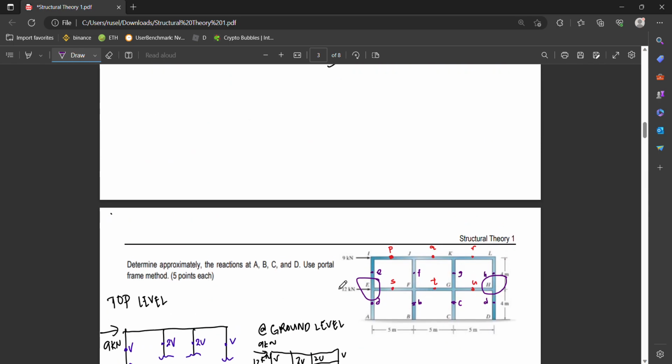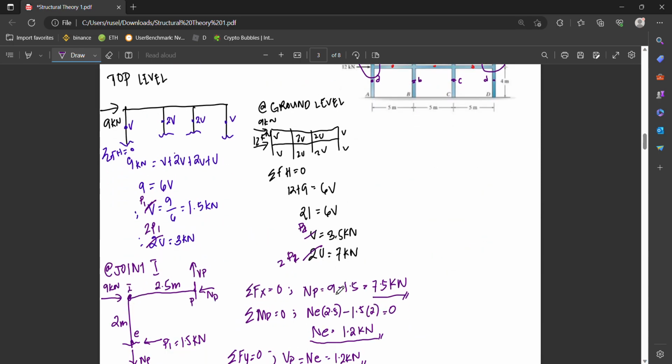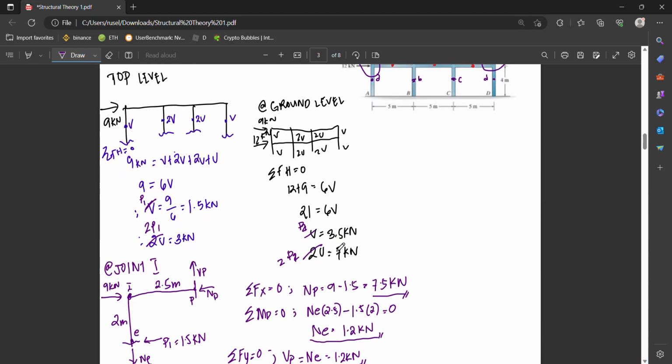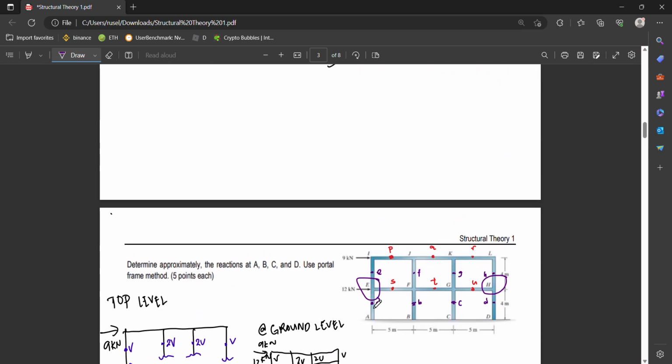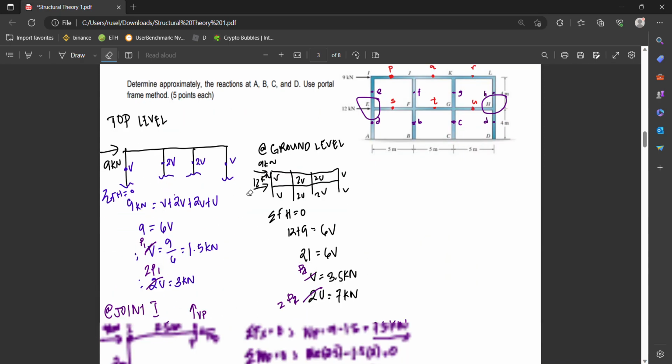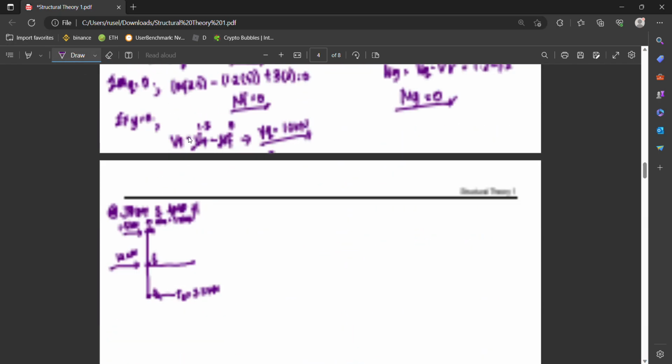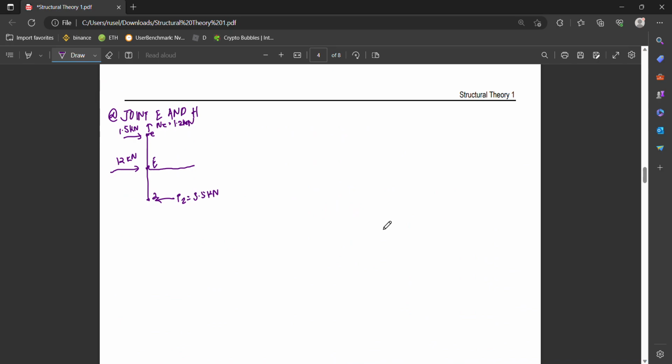E and H. Tama. Ay, nasa ilalim na. So, 3.5. Ayun pala, 3.5. Nasa ilalim na pala tayo. This is your A eh. Kaya, 3.5. Ground level na pala tayo. Your P2 is 3.5 kilonewton.